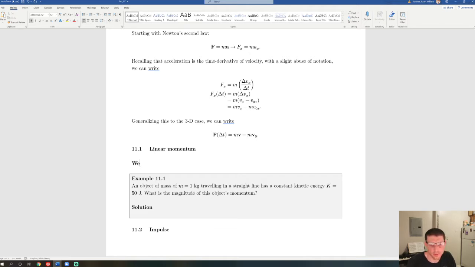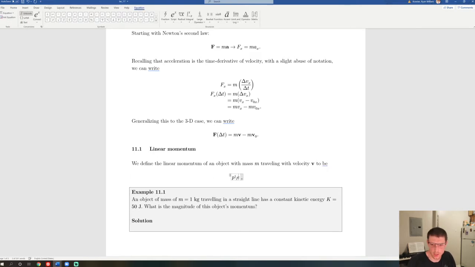So anyway, we define the linear momentum of an object with mass m, traveling with velocity v, to be, and this is momentum, right?